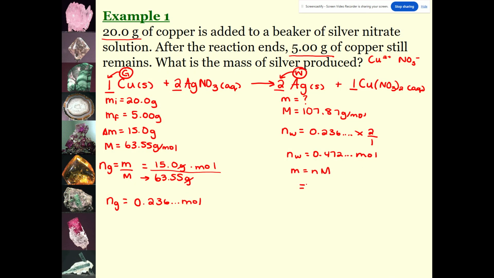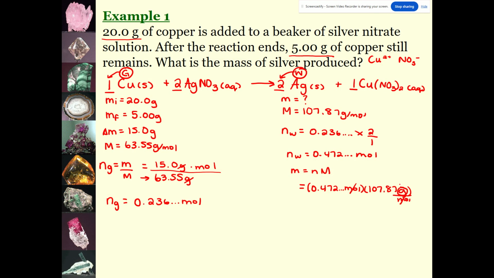mass. So my moles, again, 0.472, unrounded, use the entire unrounded answer. 107.87 grams per mole is my molar mass. This cancels then with that because this mole is at the bottom, and I'm left with grams on top.